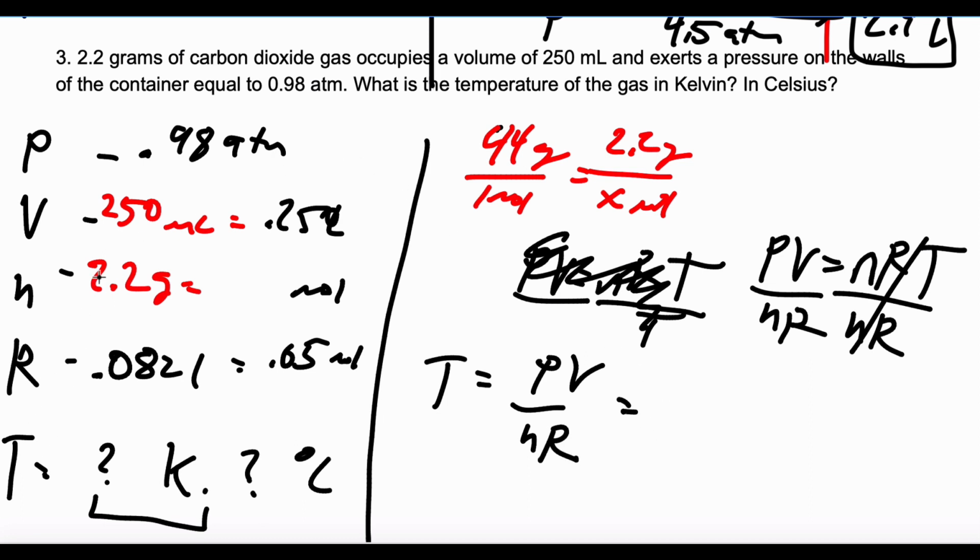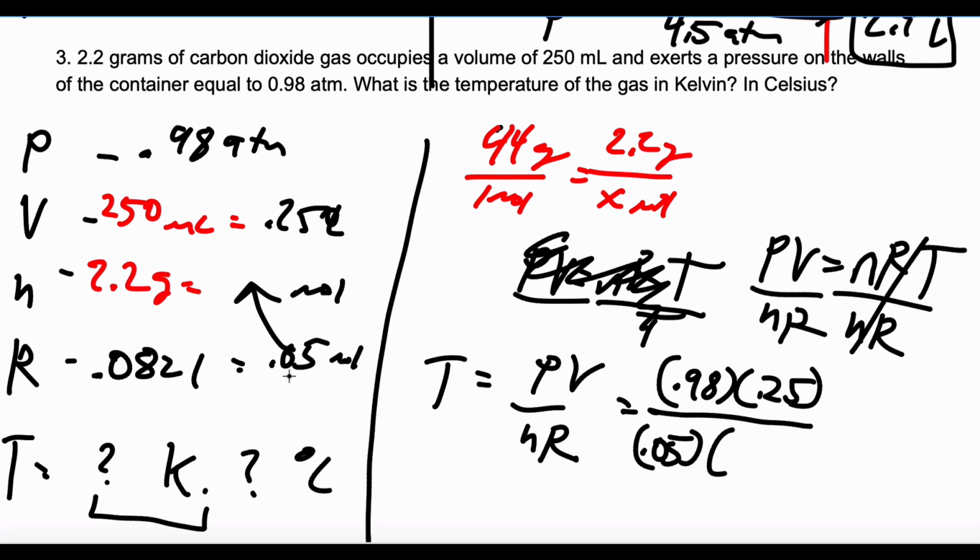So P is 0.98. V is 0.25. n is 0.05, and R is 0.0821. So we're going to get an answer that's going to be in Kelvin. Okay, so let's go ahead and do that.